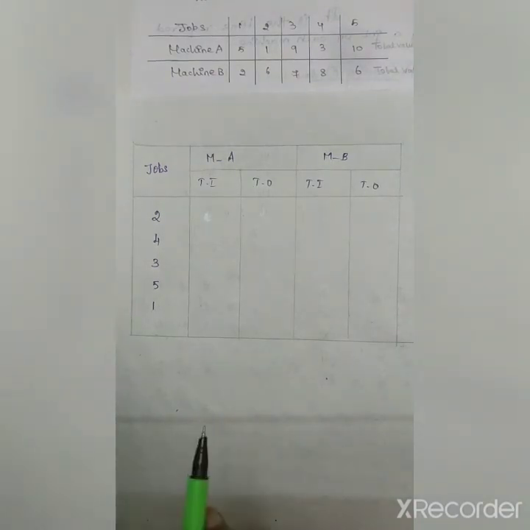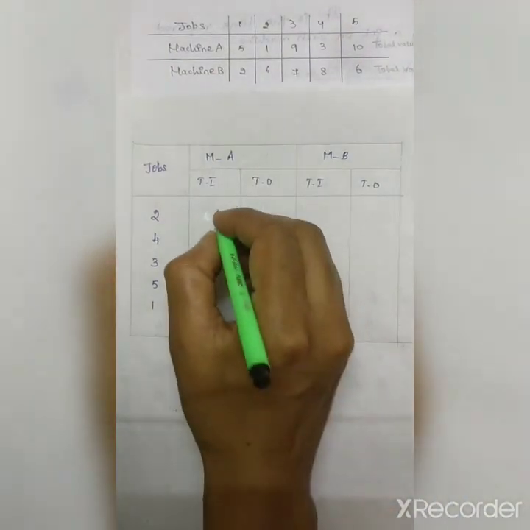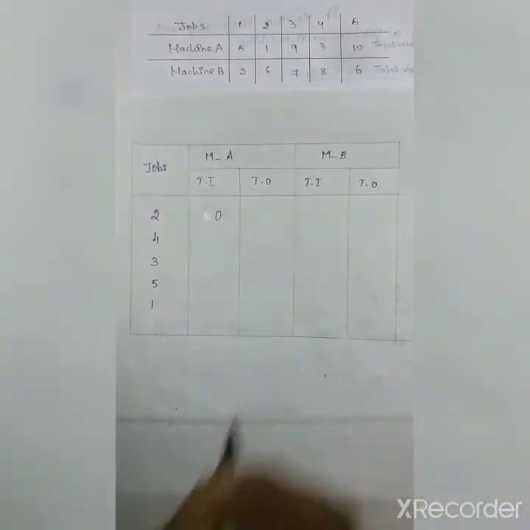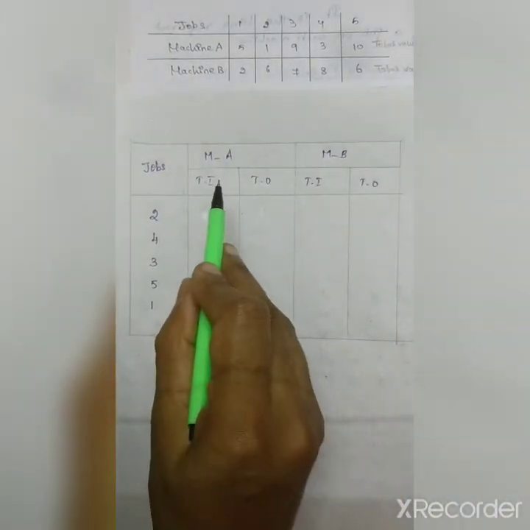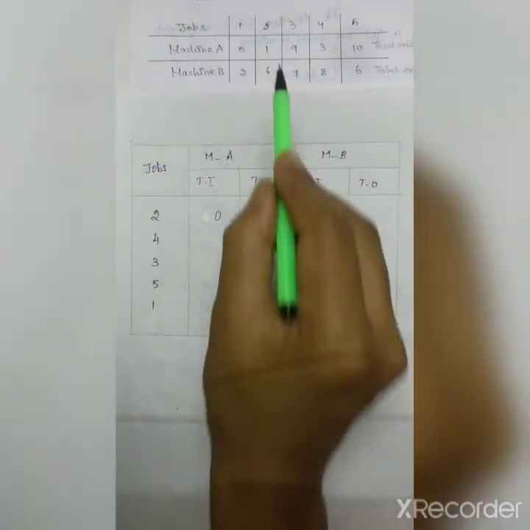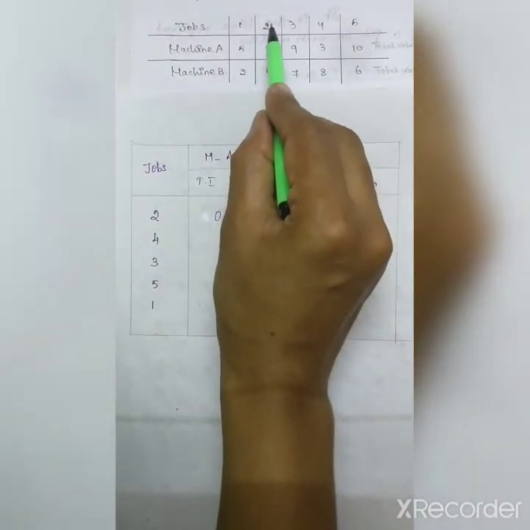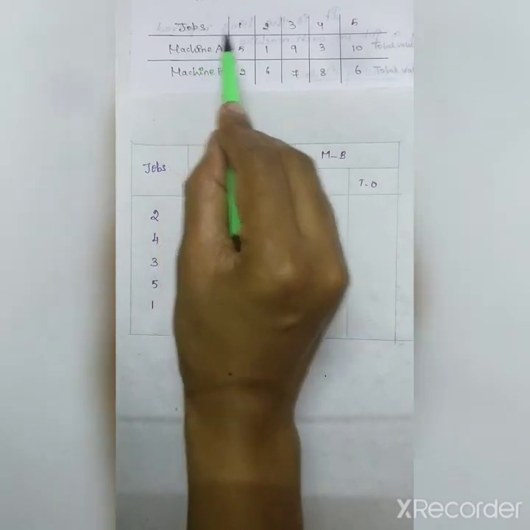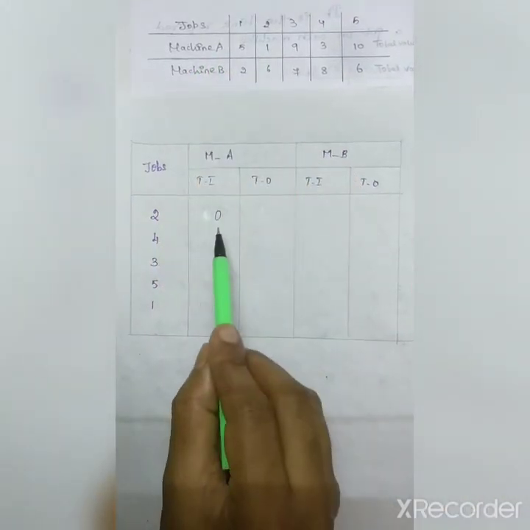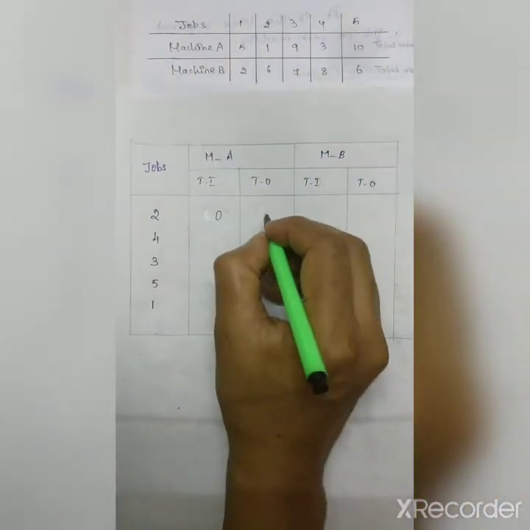Always the first time in is 0. The time out for machine A for the second job: its processing time on machine A is 1, so 0 plus 1 is 1.